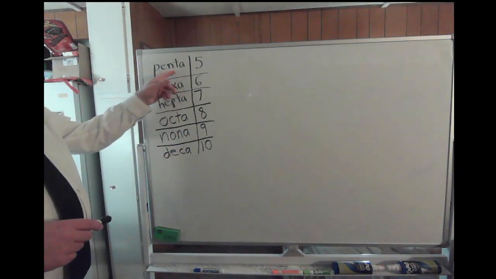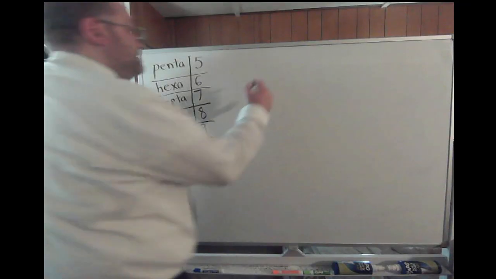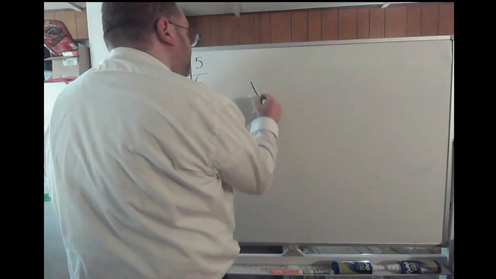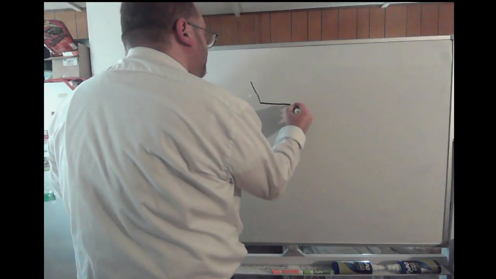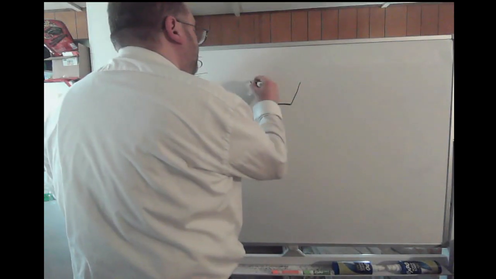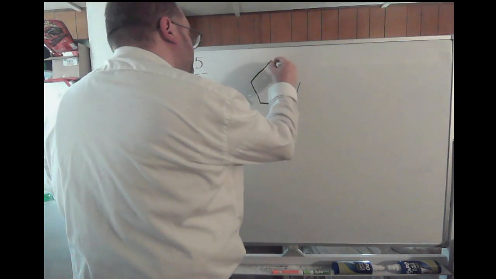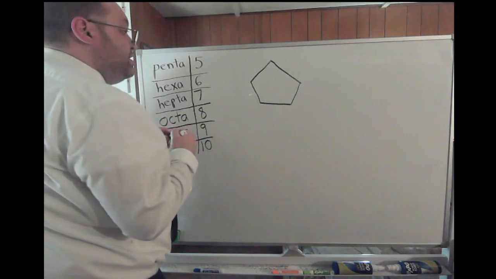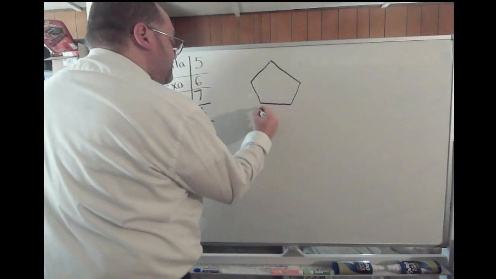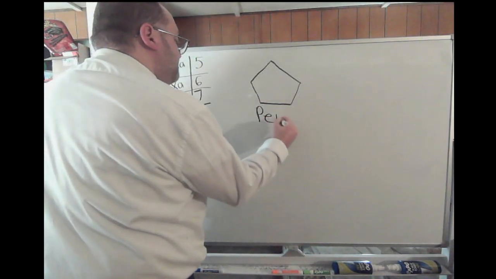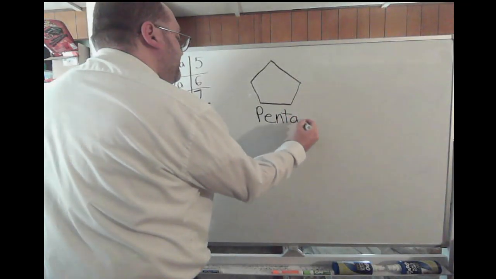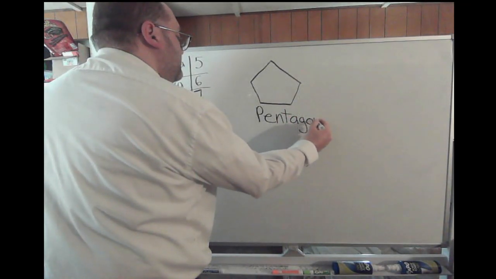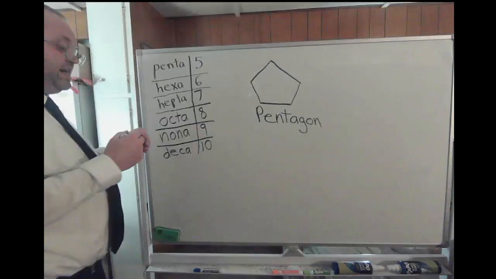So we have a pentagon here. Alright, this here, being a 5-sided figure, is called a pentagon. It's got 5 sides.